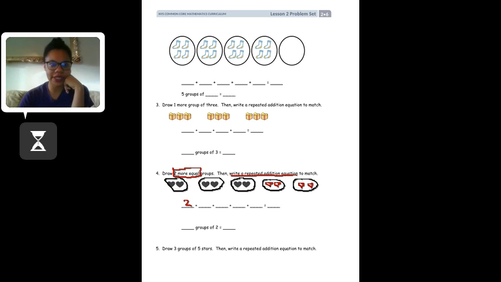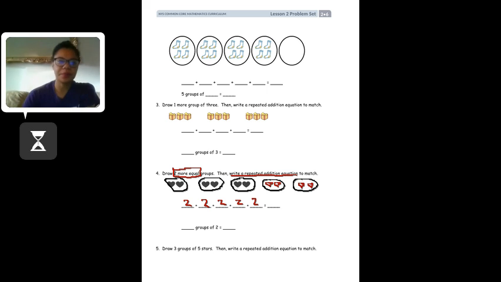My second group says that there's 2 hearts, so I'm going to put 2 to represent the 2 hearts in my second group. Then I have 1, 2 in my third group, and then I have 1, 2 in my fourth group, and then I have 1, 2 in my last group. So I'm going to put the number 2.